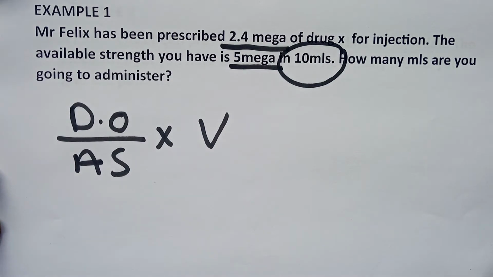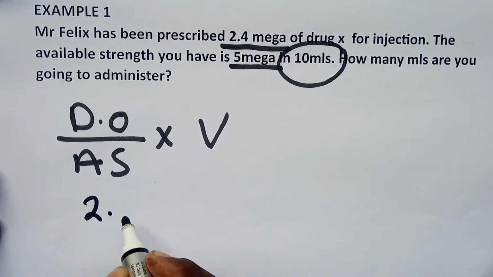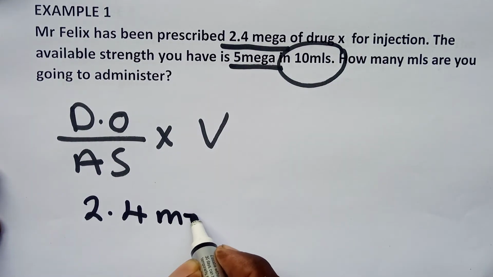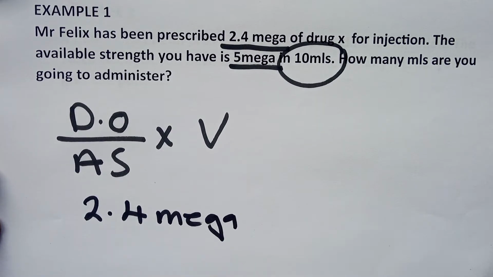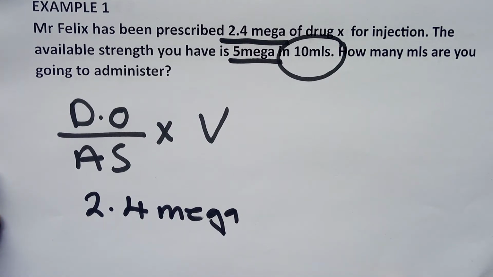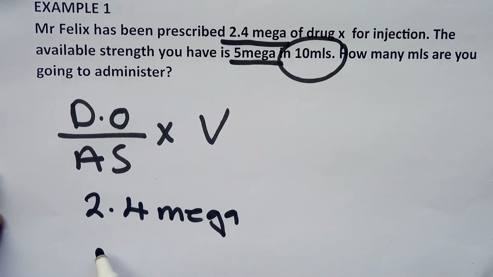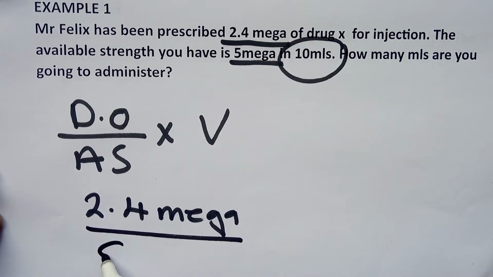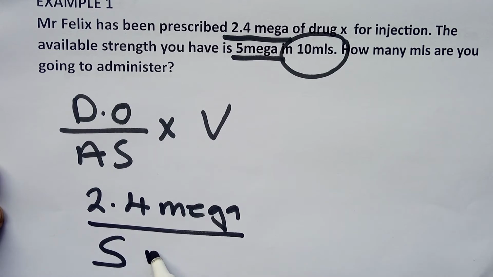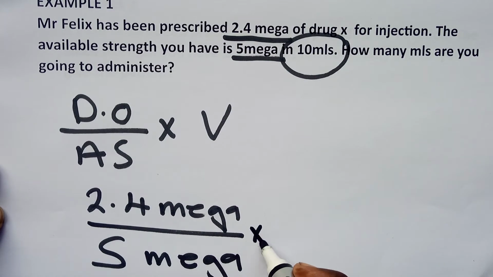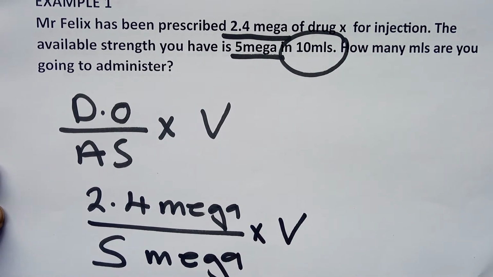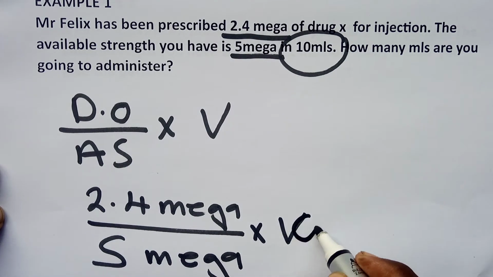Let's replace them in our formula and see what we come up with. Our doctor's order is 2.4. Remember the units every time: 2.4 mega. Then we have the available stock, which is 5 mega. Then you multiply by volume, which is 10 mils.